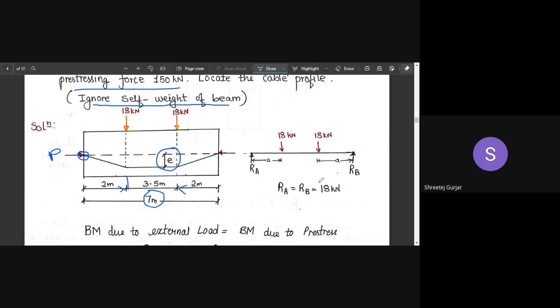This is the free body diagram which I have drawn at the right side. You can observe this distance A. How much is this distance A? It is 2 meters. This is the 18 kilonewton load which is acting on a simply supported beam.